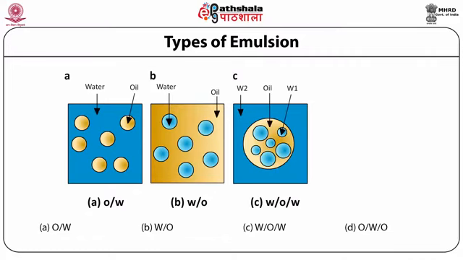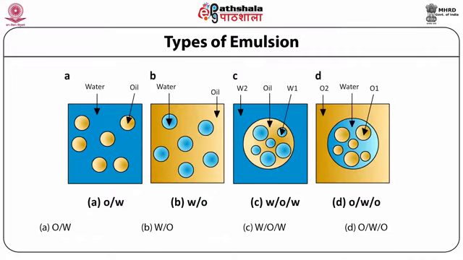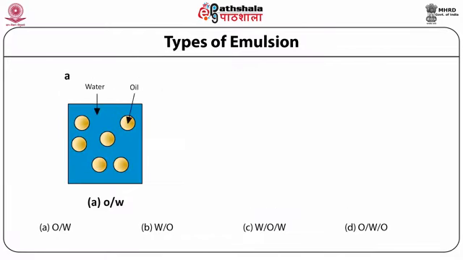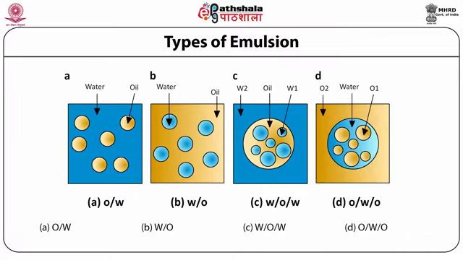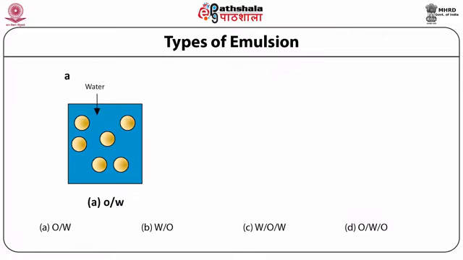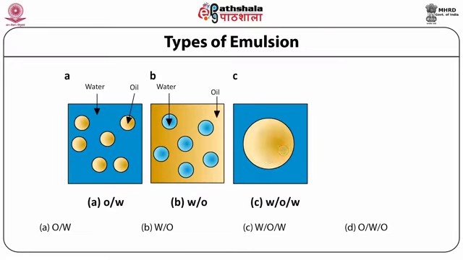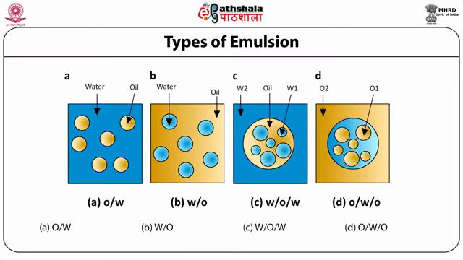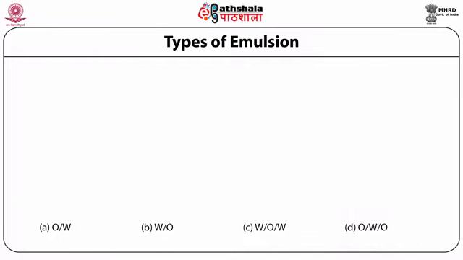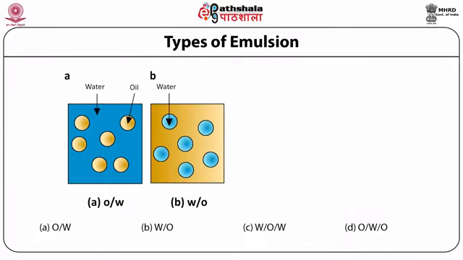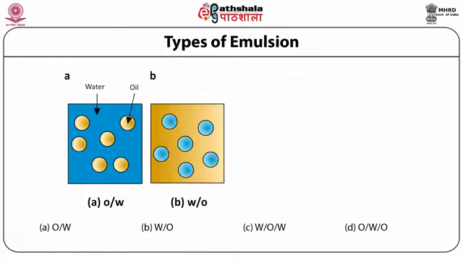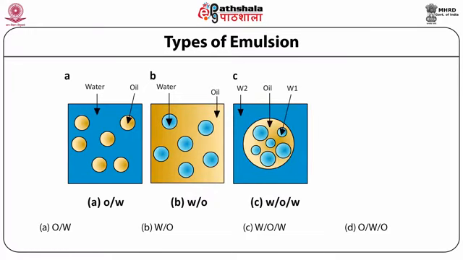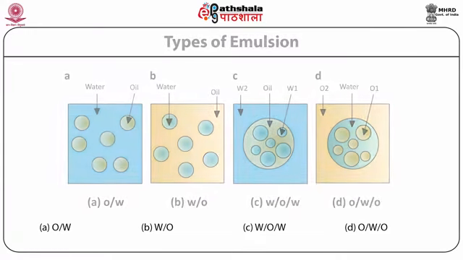In the first step we use a high HLB surfactant, like Tween, which arranges itself so that its polar portion is towards the water and its non-polar portion is towards the oil phase. In the second step, which is a water in oil emulsion, we use a low HLB surfactant, whose hydrophobic portion is outside and hydrophilic portion is inside the water droplet.